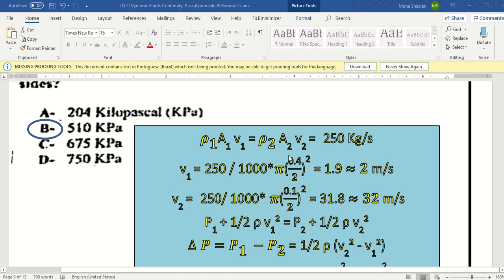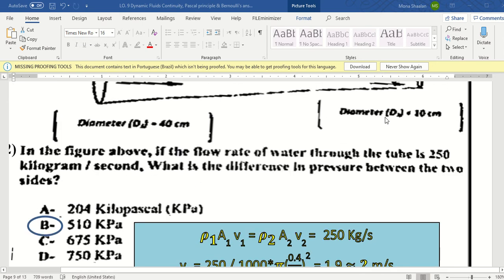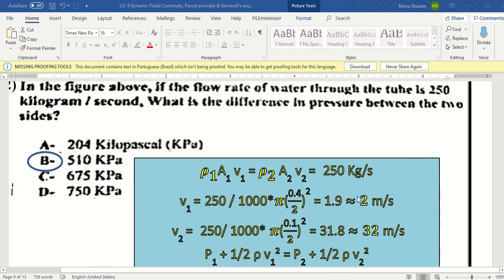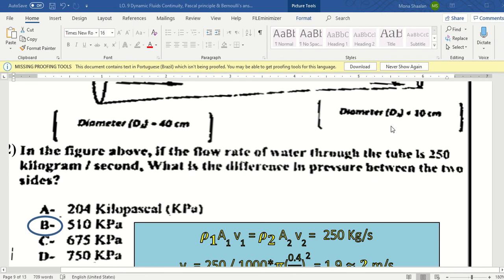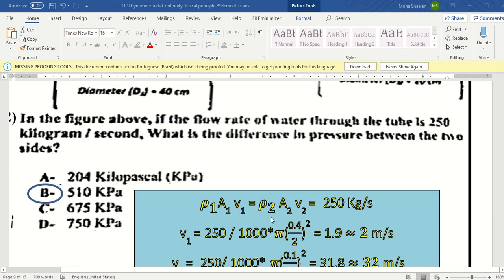Okay, so from here the mass flow rate is a constant, so the velocity of the first cross section will be of this value, by converting the values of centimeter into meter, don't miss that.